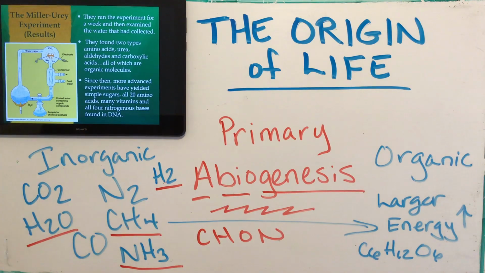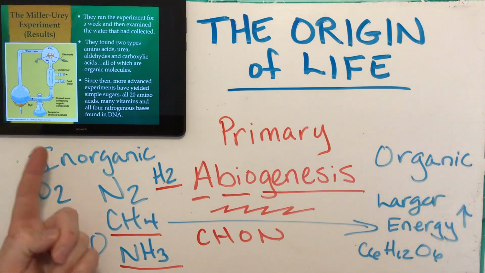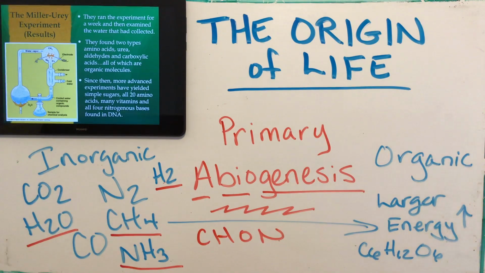So since Miller and Urey did their experiment in the 50s, with our technology and our scientific understanding ever expanding, we've been able to run this experiment with even greater technology. Now when we do it, we get simple sugars like glucose, all 20 amino acids. There's 20 different amino acids that are used to build all of our proteins, which run and regulate and build our body. They've created all 20 with a similar apparatus and similar theory behind it.